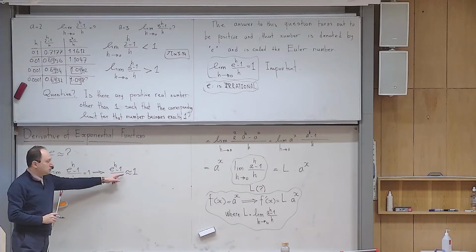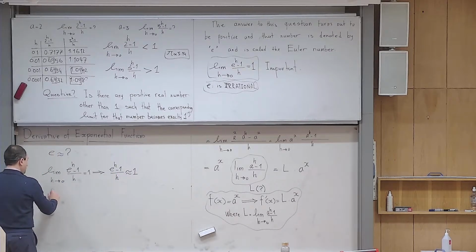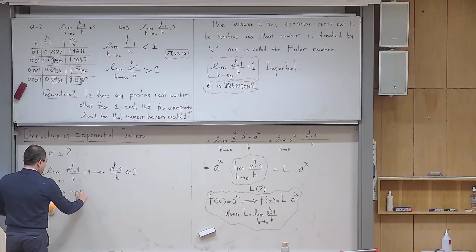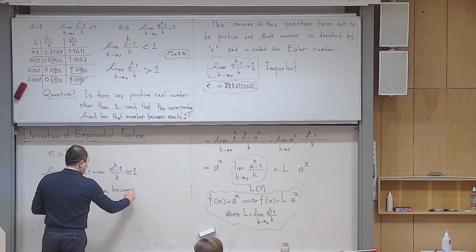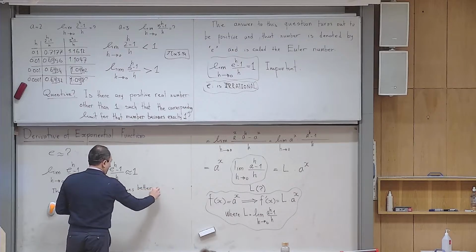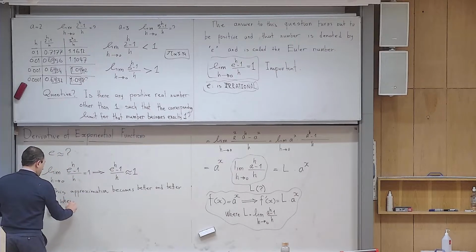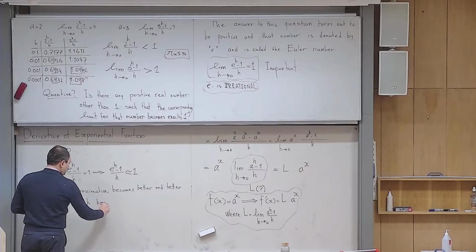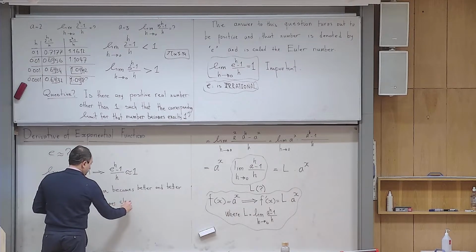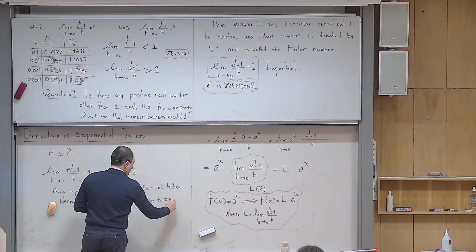But this approximation becomes better and better whenever h becomes smaller and smaller, closer and closer to 0. Okay, so that is what we know.